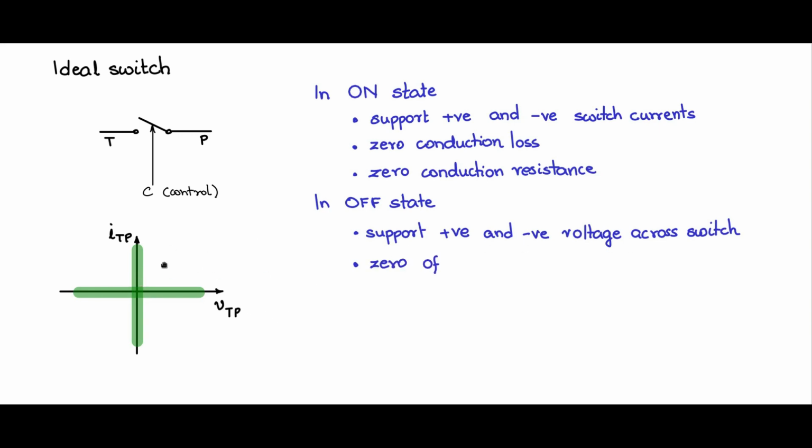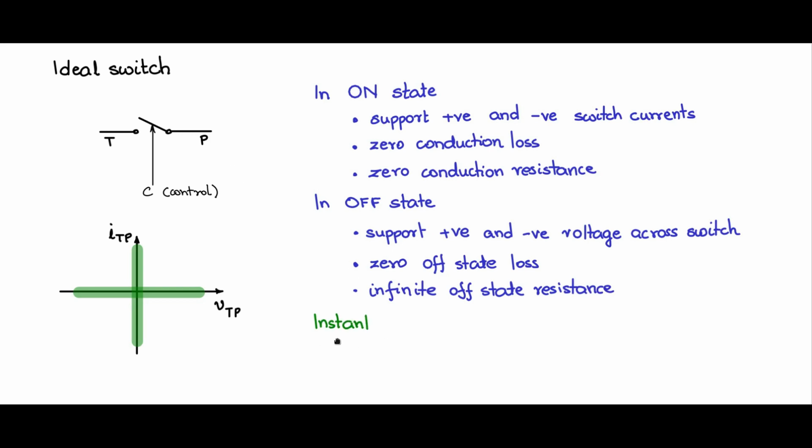And also, like during the on state, during the off state also, there should be zero off state loss. No leakage currents should be flowing through the switch. And the resistance when the switch is off should be infinite, meaning zero leakage currents flowing through the switch, and also meaning zero losses in the switch.